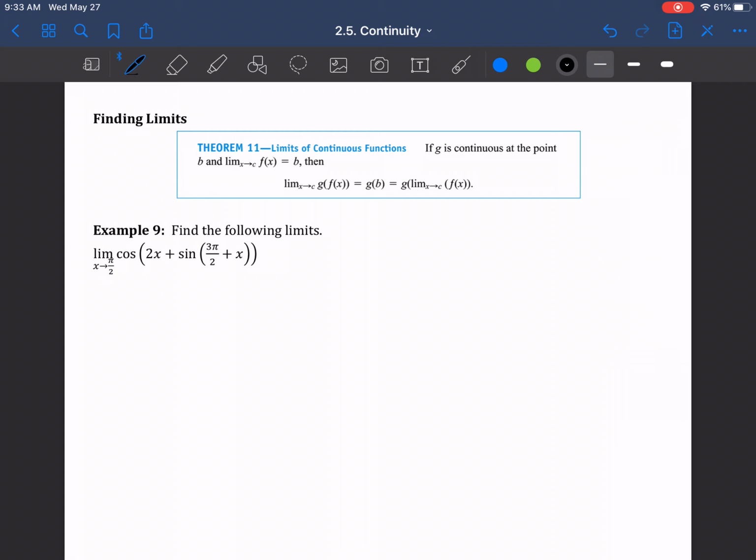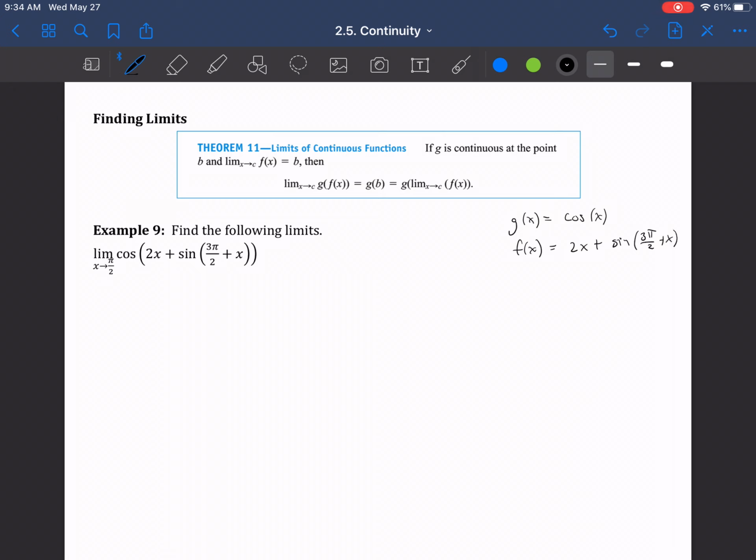But what we're saying is we have a composite of functions here. We have g of x equaling just cosine of x, and f of x equaling 2x plus sine of 3 pi over 2 plus x.